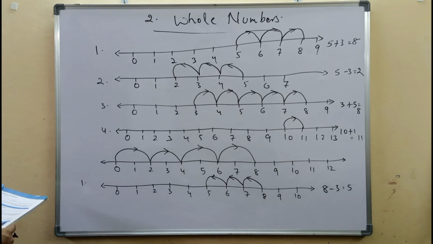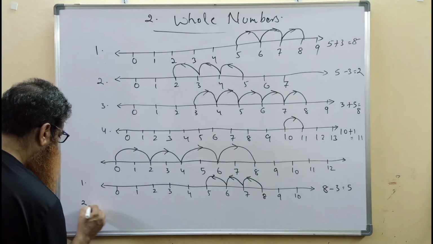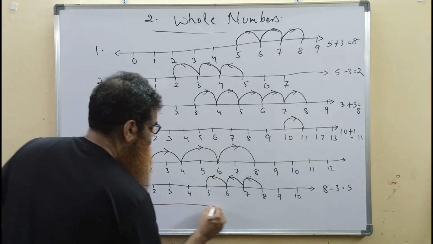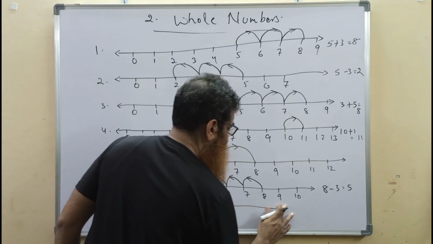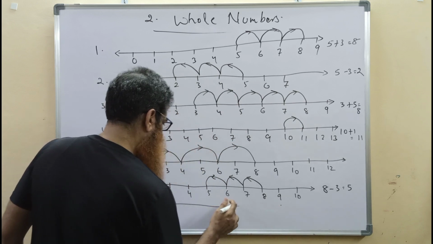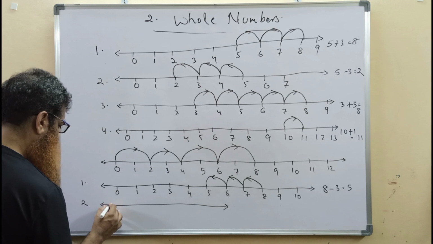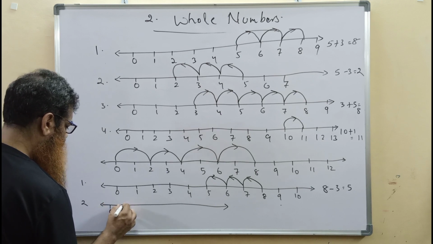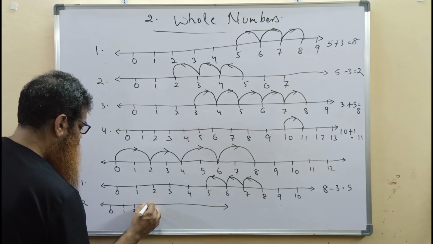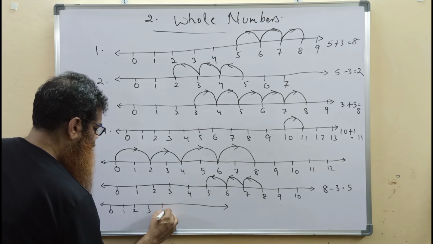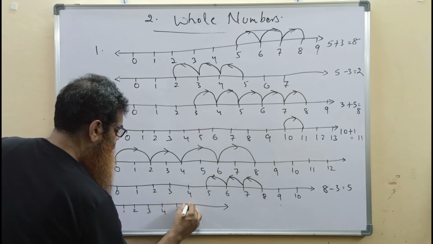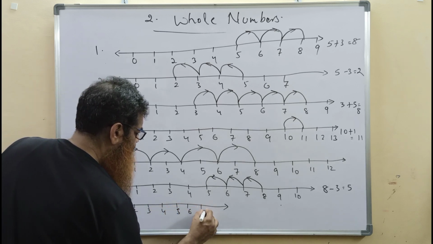The next one, second one in Try This. What number should be deducted from 6 to get 1? Let it be beginning from 0, 1, 2, 3, 4, 5. We have 6 here, 7.